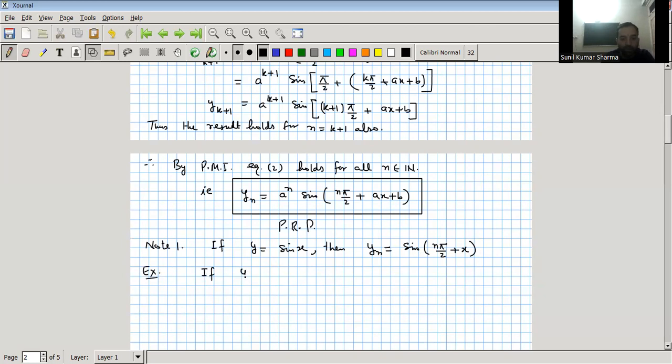You can tell me quickly, if y is equal to sin 3x, then what is y_n, the nth derivative of y? Now what we do here, we take a equal to 3 and b equal to 0. So we can write this as 3 to the power n sin n pi by 2 plus 3x.